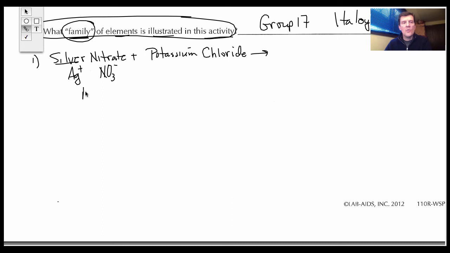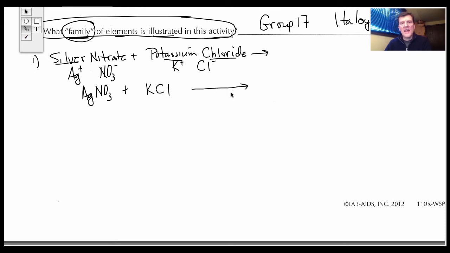We need 1 silver for every 1 nitrate. That's the formula for silver nitrate. Potassium chloride. Potassium is a metal, forms a +1 ion. Chlorine is a nonmetal in group 17, forms a -1 ion. So that's 1 of each, KCl, just like that.